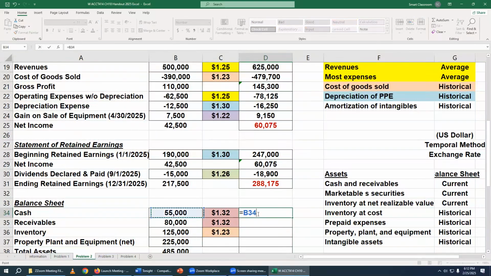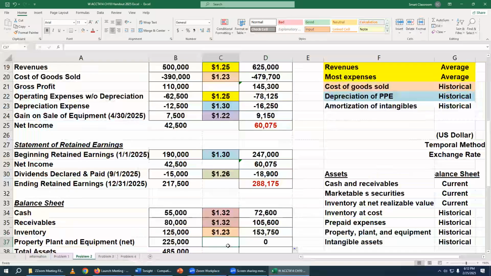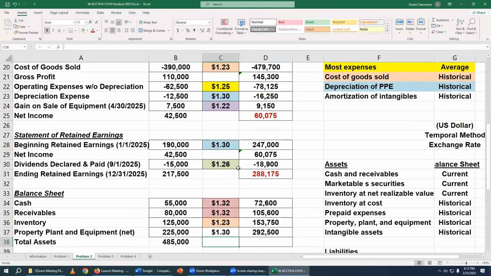What am I doing here? Property, plant, and equipment goes on at the historical rate from the beginning.